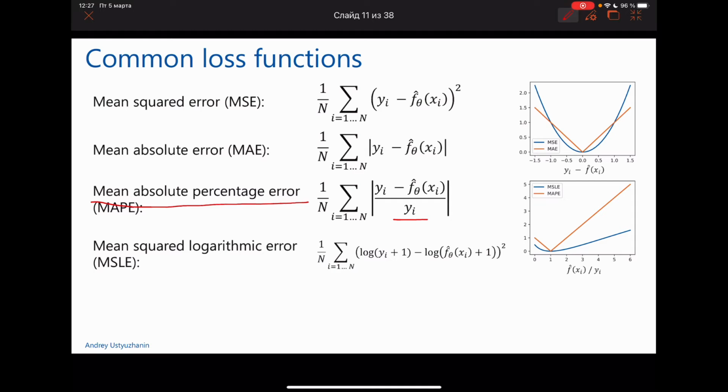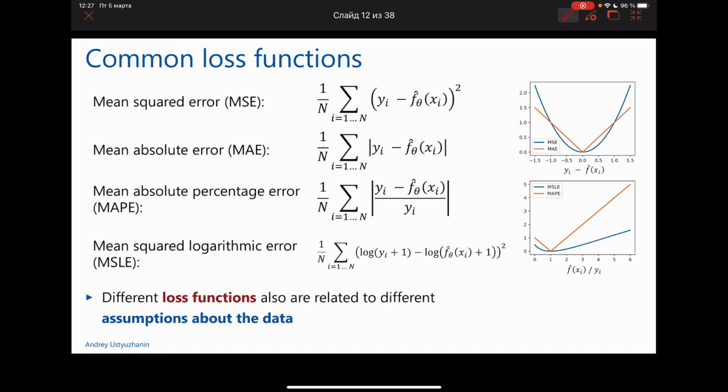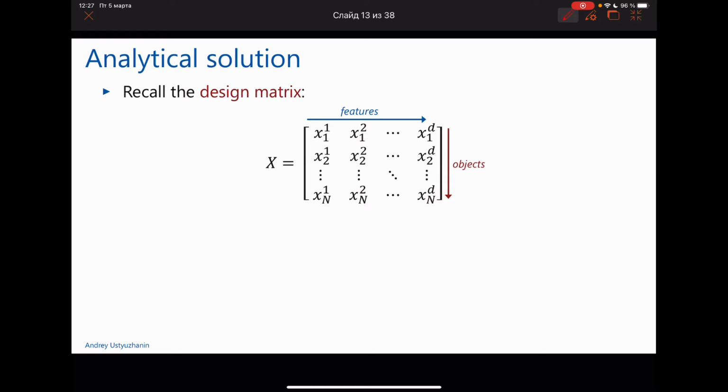And also there is a mean squared logarithmic error, and you see on the right how those two functions look. And those functions are actually an expression of our intuition of the data distribution that we have, the distribution of the features, the distribution of the labels and their relations.